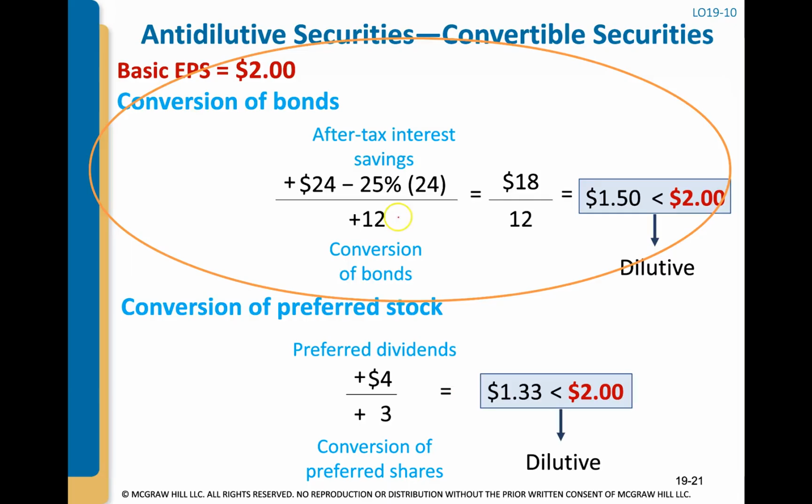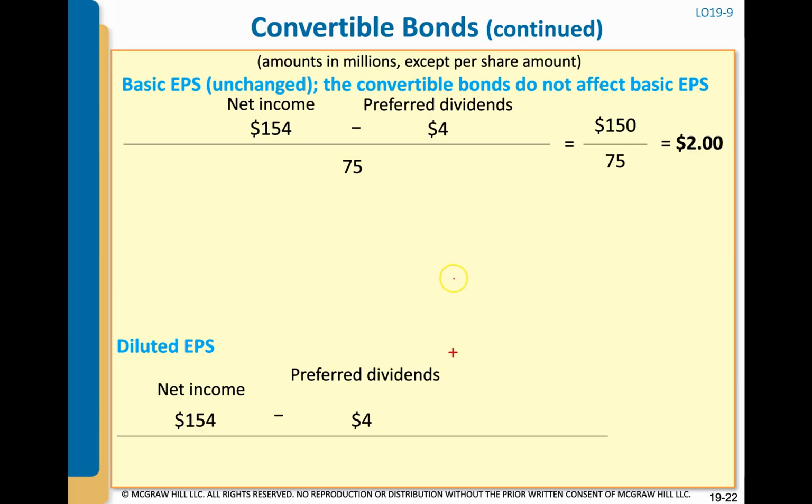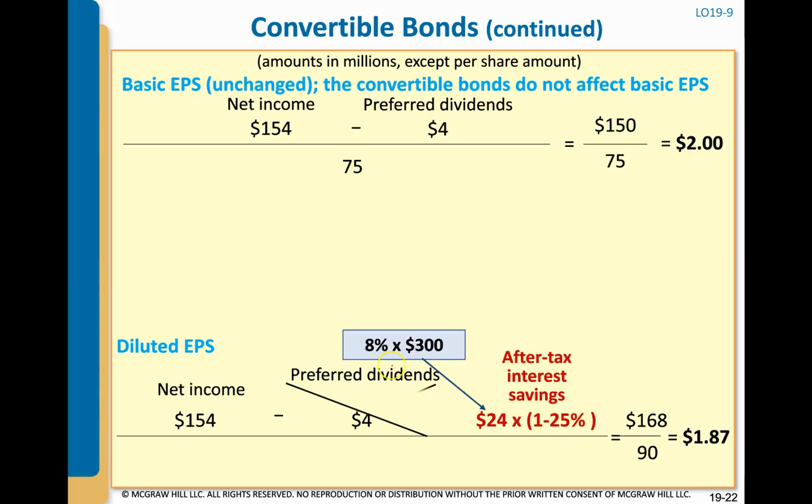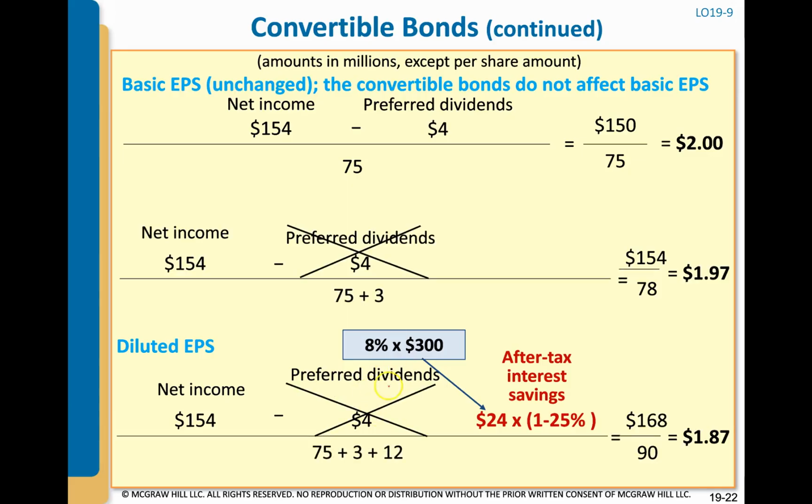Now we have the conversion of the bonds, because we go from lowest to highest. So now we have to add this into our calculation. We removed our preferred dividends. I'm looking at this bottom one right here.